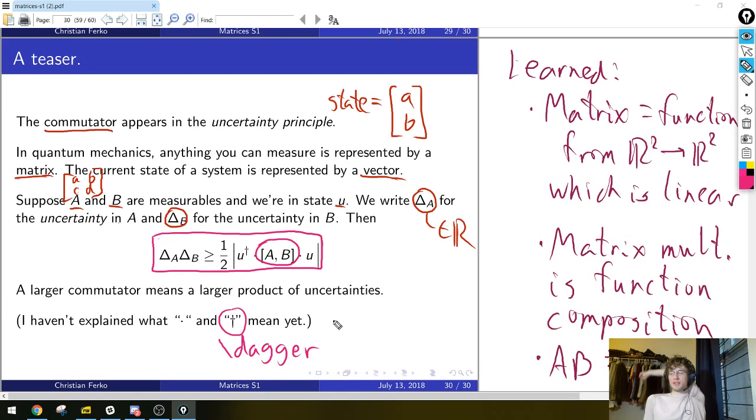And this is the core of the uncertainty principle. When matrices don't commute, you cannot get an accurate measurement of the measurables associated with those matrices. That's it. In one line, that's the uncertainty principle. There's no magic. It's just when matrices don't commute, you can't get an accurate measurement. And I'll try to make that more precise and tell you more about it as we go on.